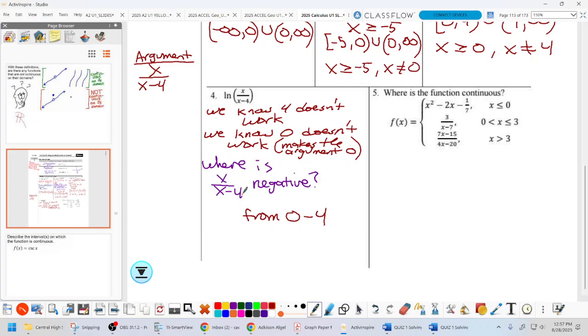Like think below 0. What if I plug in negative 1? What happens? Do you see how that becomes positive because the numerator is negative? So that's kind of weird, right? What if we plug in something like 6? Is that okay? Yeah.